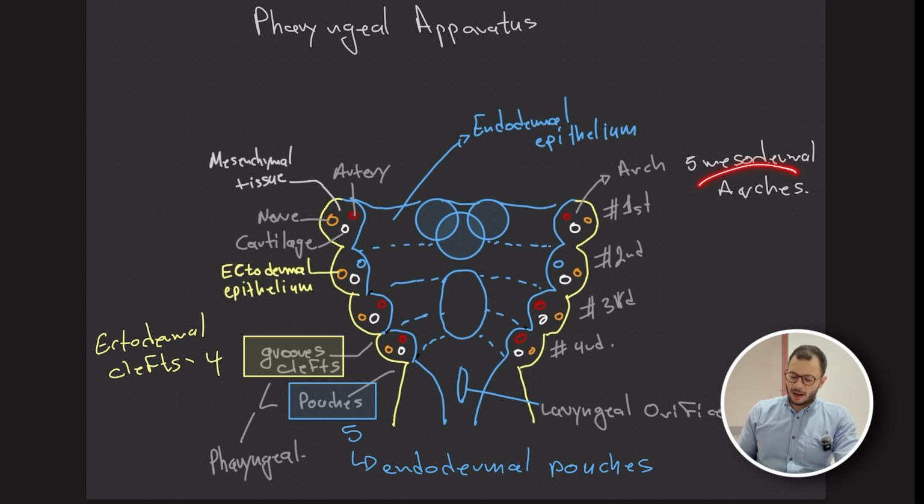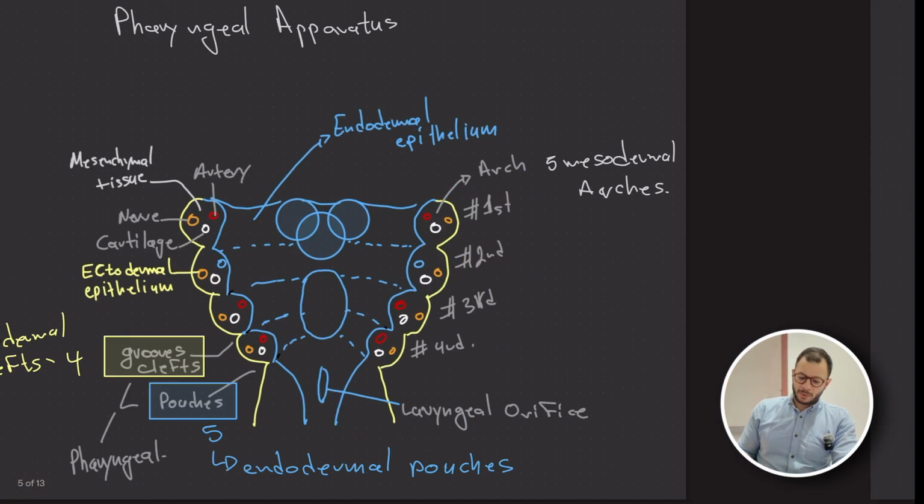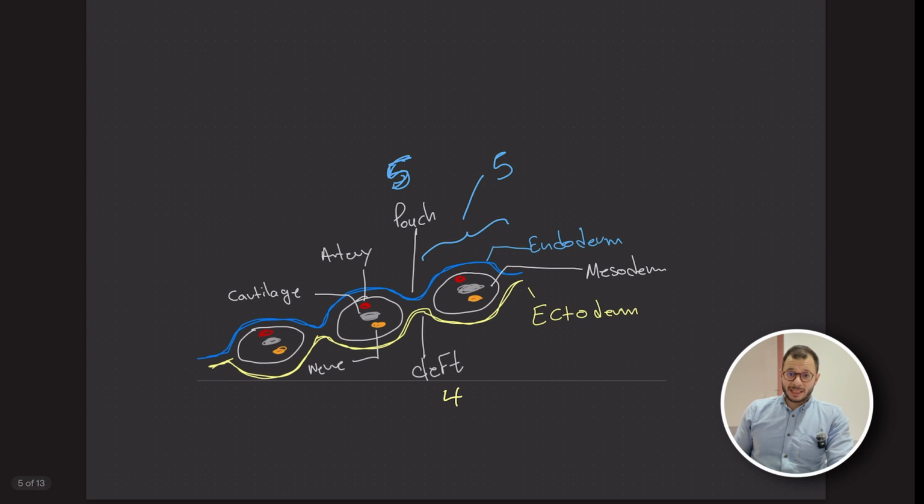Of course, the arches are mesodermal tissue. So an easy way to remember this is that ectodermal tissue makes clefts, while endodermal tissue makes pouches. That's something for you to remember. So as I said before, we have mesoderm, ectoderm, endoderm, ectoderm.